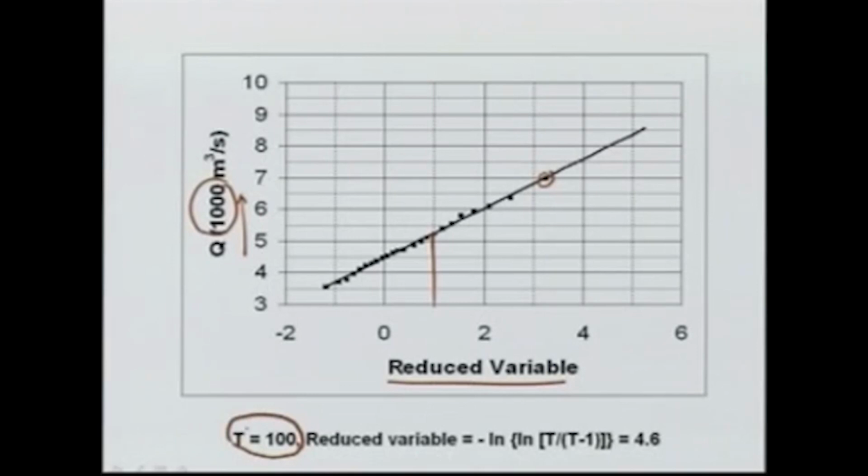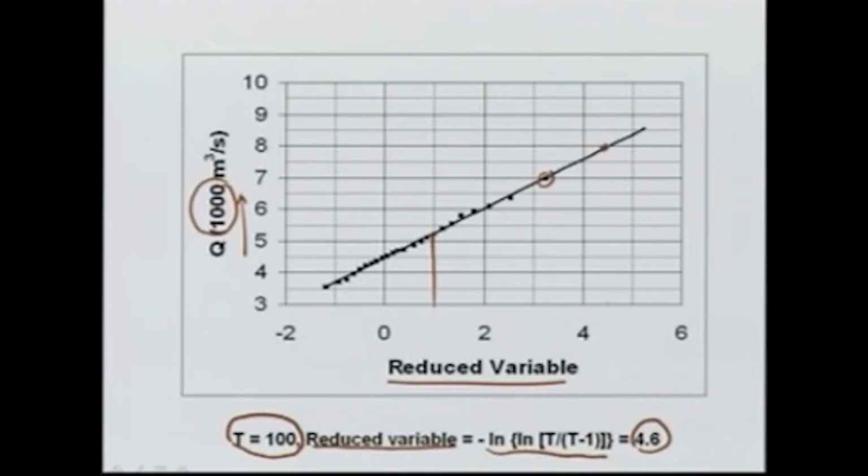For example, if we want a 100-year return period, for example, we want 100-year flood, then we can find out the reduced variable corresponding to that T using this equation, which comes out to be 4.6, and then using this data at 4.6 we would estimate what is the value of the 100-year flood.